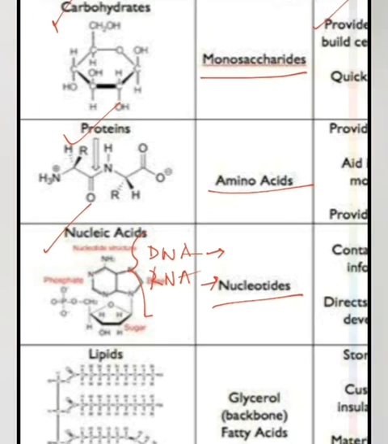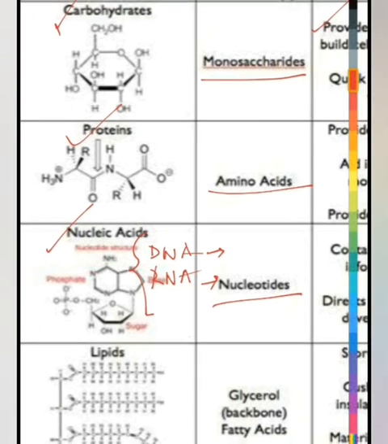So the name of the biomolecule is nucleic acids. There are two types of nucleic acids, DNA and RNA. The monomers of these nucleic acids together are known as nucleotides, and for each of DNA and RNA there are separate types of monomers, which are deoxyribonucleotides for DNA and ribonucleotides for RNA.